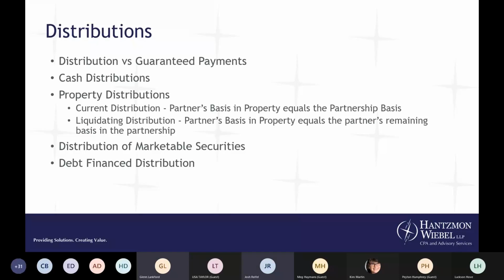Okay. One thing that I want to briefly talk about with guaranteed payments versus distributions, as I mentioned at the beginning, is how 199A factors into partnerships. And one big way is that historically, a lot of operating agreements for partnerships may have been written that gave guaranteed payments to members.